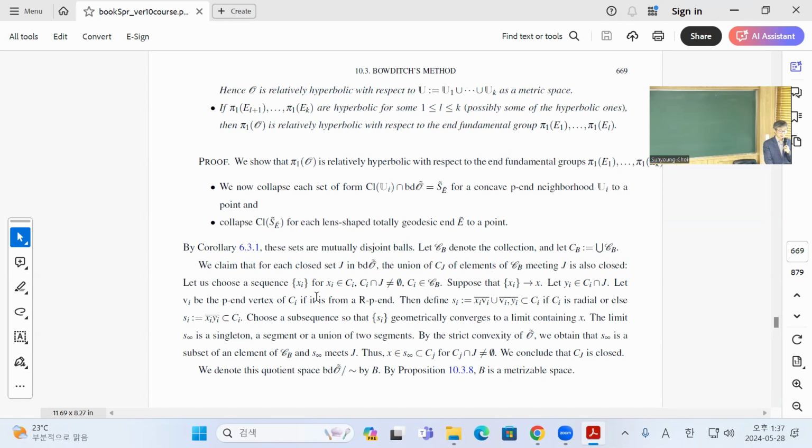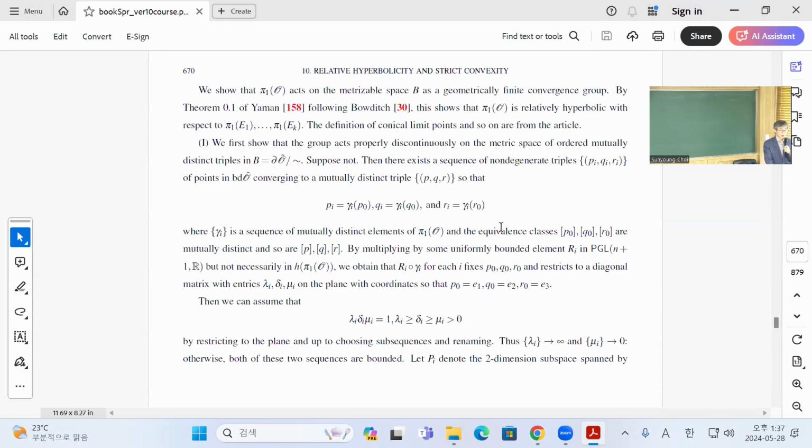Okay, so there you need to do some sort of geometric argument, and then by strict convexity you can show this. Okay, so then you take the quotient. So we collapse each of these, anything in here, this collection, and then you obtain that this is still a metrizable space. So, okay, that we prove later. So that's what you call the compactum.